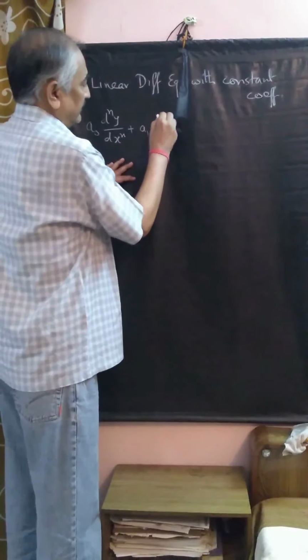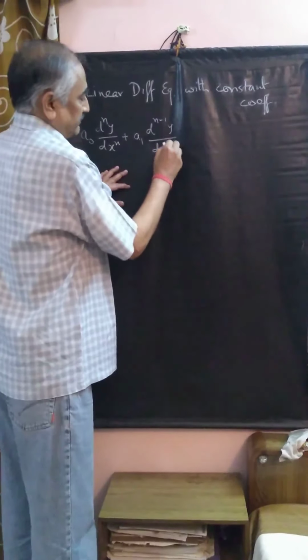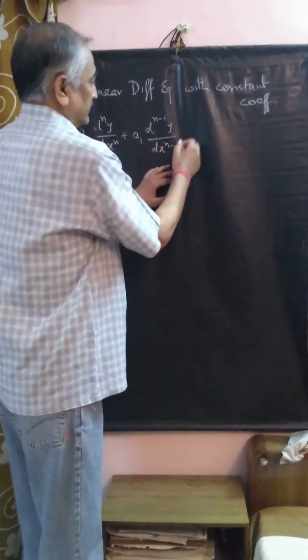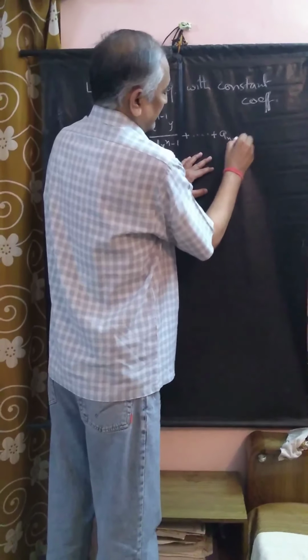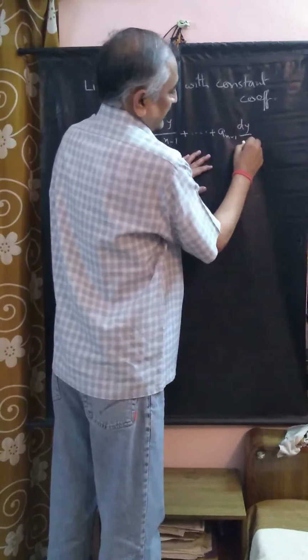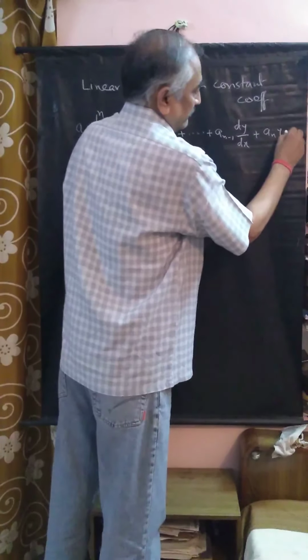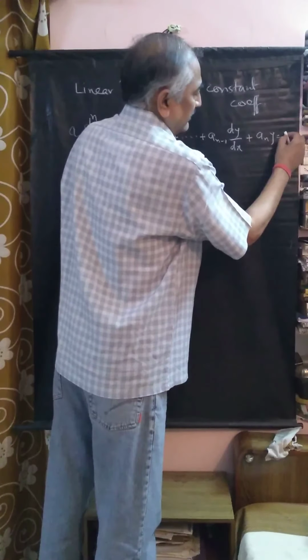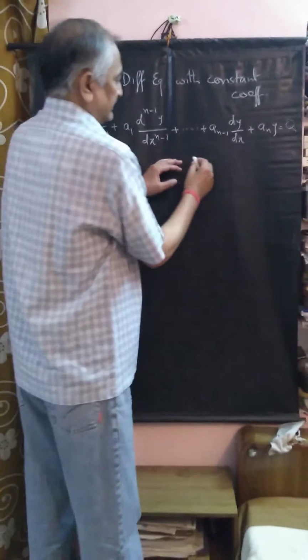Then a1, n minus 1th derivative of y with respect to x. So on, an minus 1, first derivative of y with respect to x, an y, and a function of x on the right hand side.